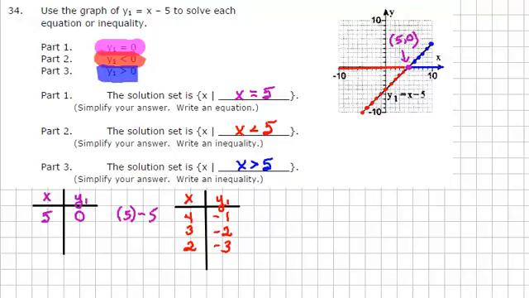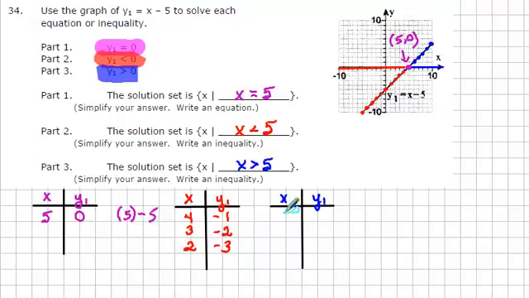In order to check our results, we can make another table of values. Pick some x values that are bigger than 5 and calculate the corresponding y value.